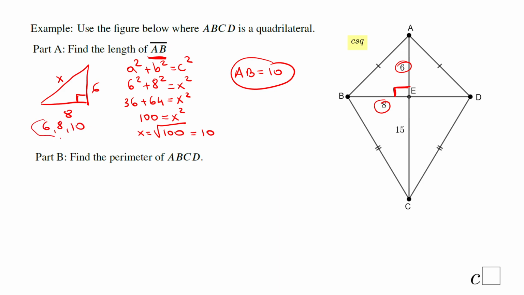do this Pythagorean equation, these steps. And now in part B, we need to find the perimeter of ABCD, of that kite, right? So remember, this is 10. This is 10.